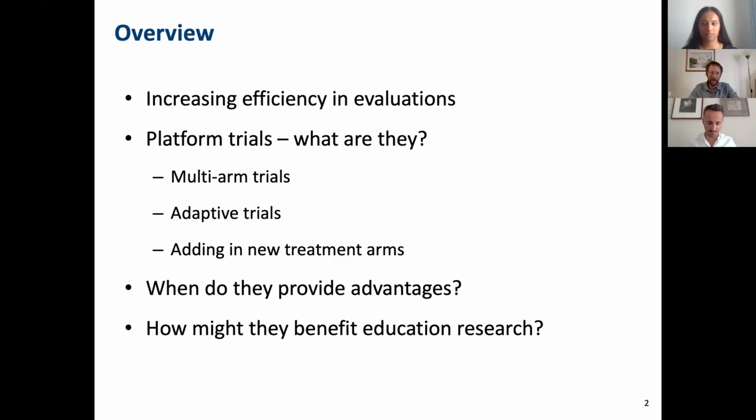So you might end up with one or two of them being useful and not the third one. We'll hopefully discuss that. I'll talk a bit about when they provide advantages and disadvantages. And finally, I don't think I've got the answer to this, but we'll hopefully come up with it together. How might platform trials benefit education research?